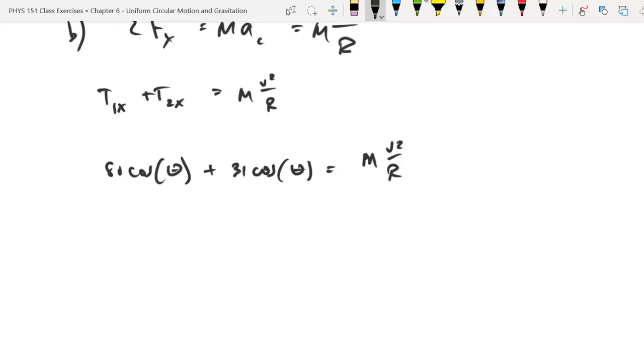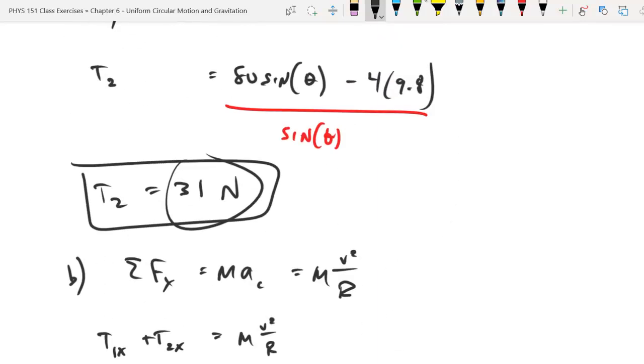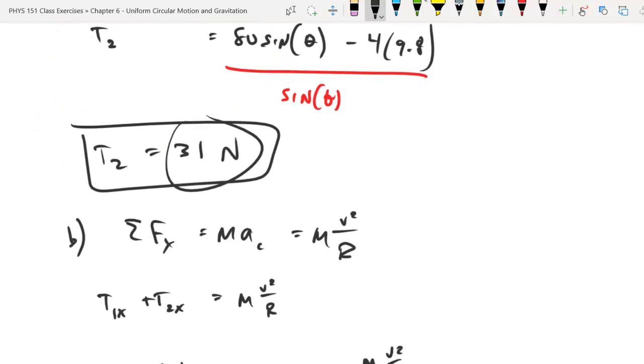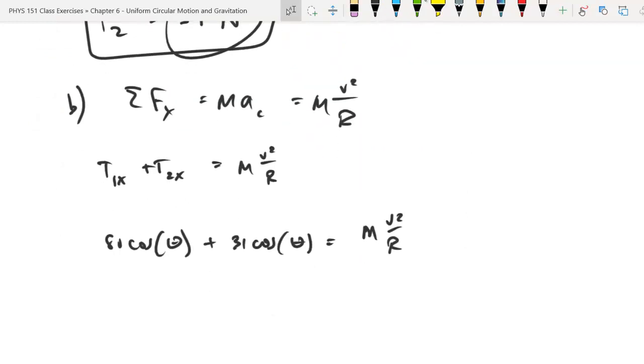But, so we know cosine theta, that was actually 0.75, right? No, cosine theta is not 0.75. It's 0.75 divided by 1.25, sorry. Or you can use cosine of 53.13.